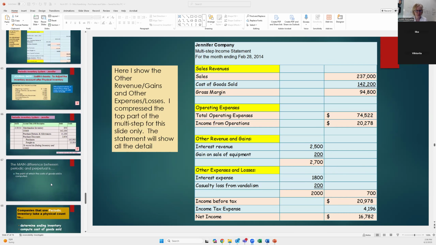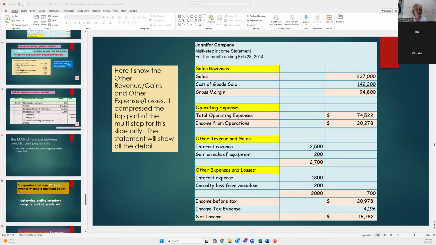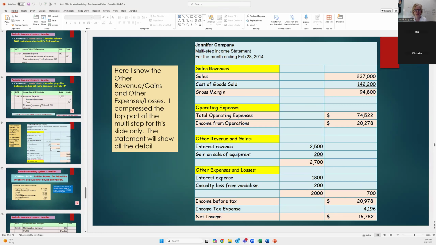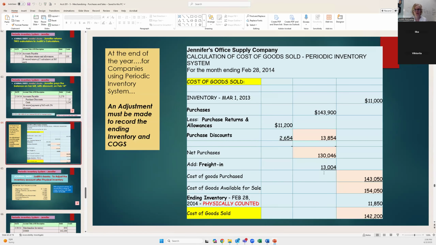So finally, with Appendix 5A, we want to make sure that we understand how to calculate cost of goods sold for periodic. Okay. So there's really 5 items here. Beginning inventory plus purchases minus purchase returns and allowances minus purchase discount.